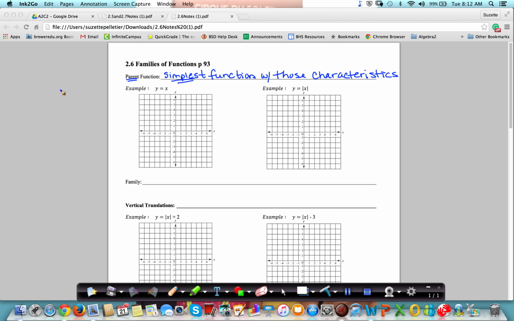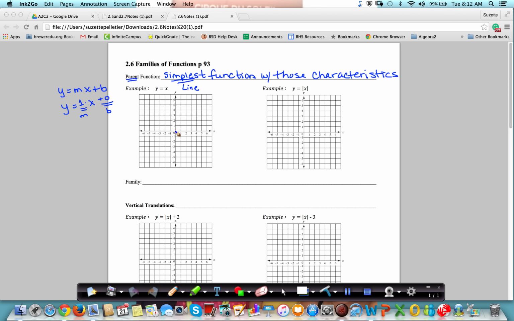And so if you think about y equals mx plus b, if I just have y equals x, then that means here my slope must be 1, right? Because 1 times x is x. And if I have nothing written here where b goes, that must mean that it starts at 0. So this is the most basic form, or the parent, of a line.